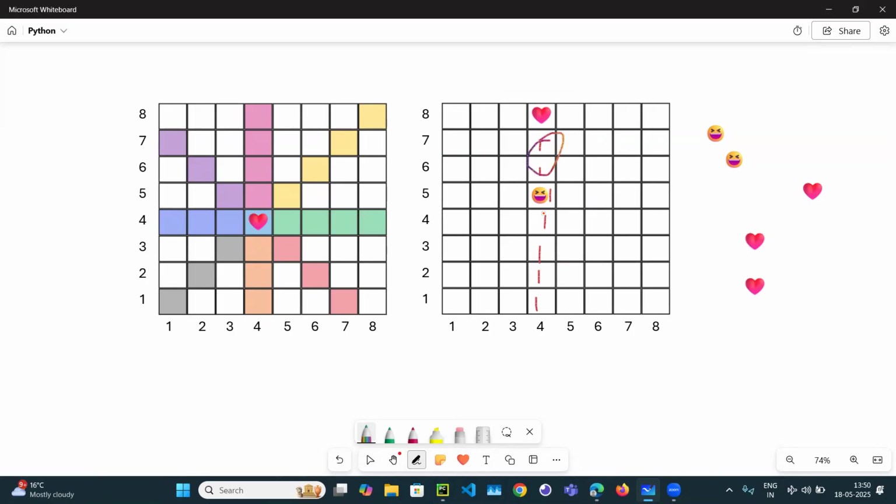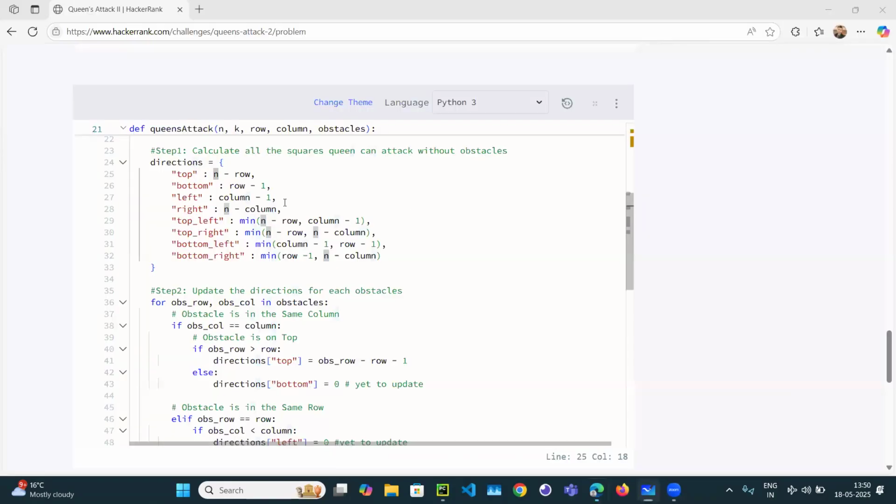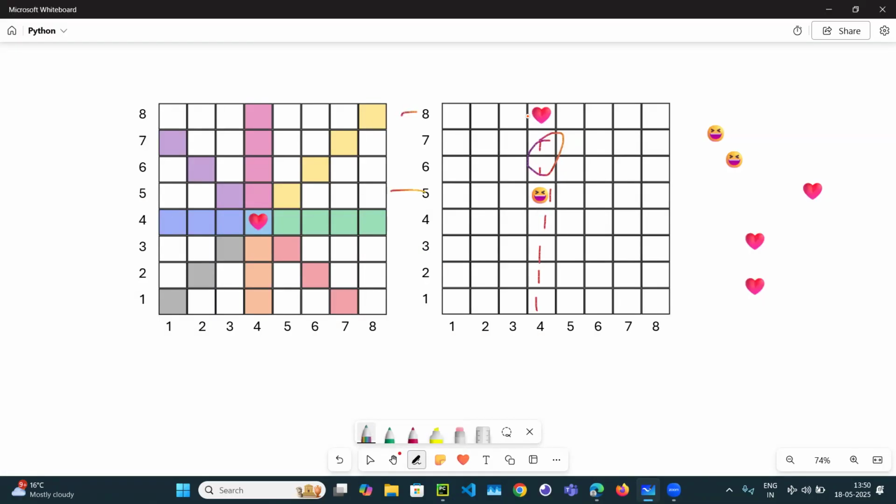So earlier it's 7, now 2. So how are you going to calculate? This is 8, this is 5, because earlier for bottom you are saying row minus 1, right?